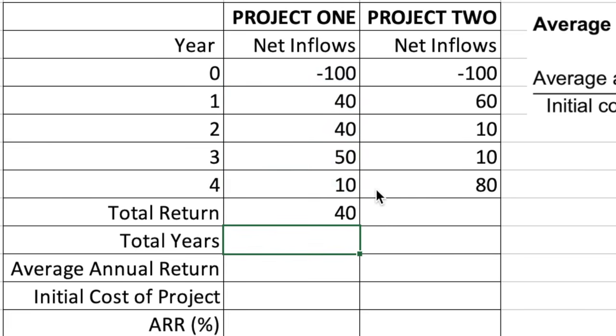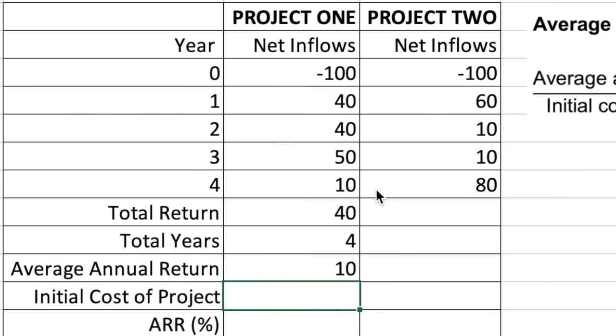You can do that with your calculator. It should come to 40. And then we are going to find the amount of years. So the amount of years is clearly 4. So the average annual return is going to be the total return, which is 40, divided by the amount of years, which is 4, and that's clearly going to be 10.